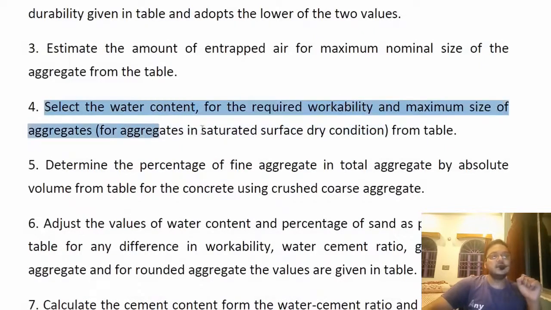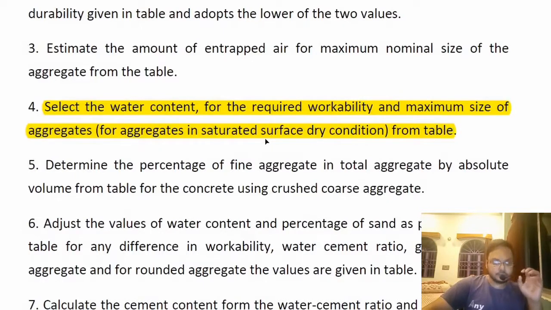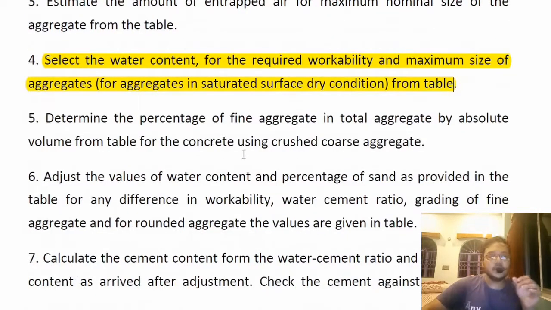And next is to select the water content for the required workability and maximum size of aggregates, for aggregates in saturated surface dry condition, from the table. So from the table again we will get the idea about the maximum size of the aggregates and also the amount of water content which can be taken, satisfying the favorable conditions.